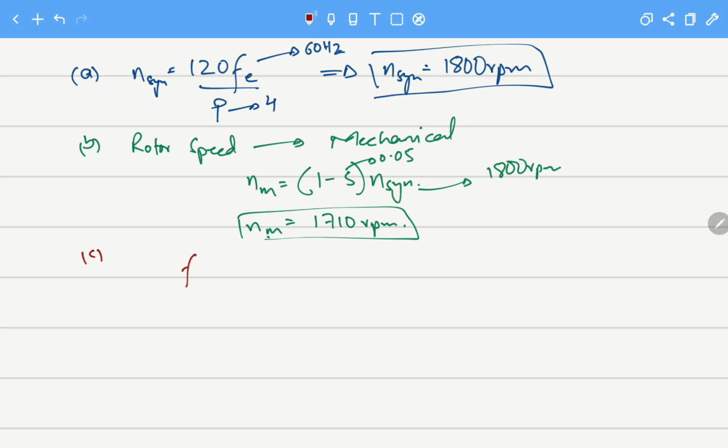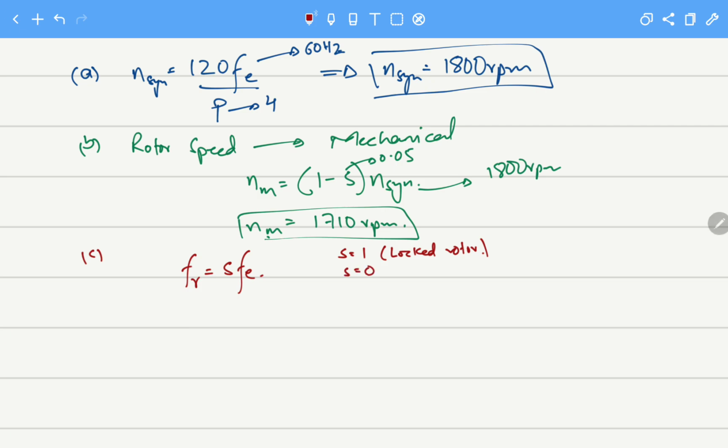The frequency of the rotor is directly proportional to the electrical frequency, where the slip matters. For S equals 1, which is locked rotor, the rotor is not rotating, and whatever the electrical frequency is, that is the frequency over the rotor.